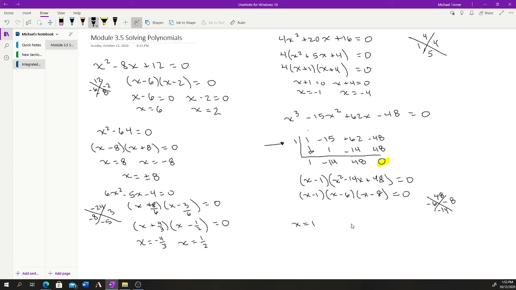That's equal to 0, which means my 3 solutions are x equals 1, x equals 6, and x equals 8. Remember, again, it can be up to 3. You might get a duplicate, you may only get 1. But that's how we would factor using synthetic division. So go ahead and take that in here.